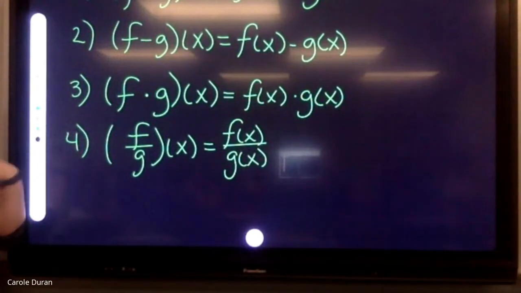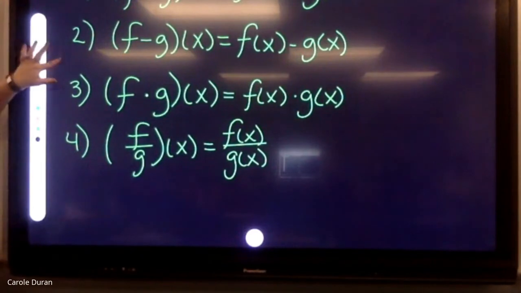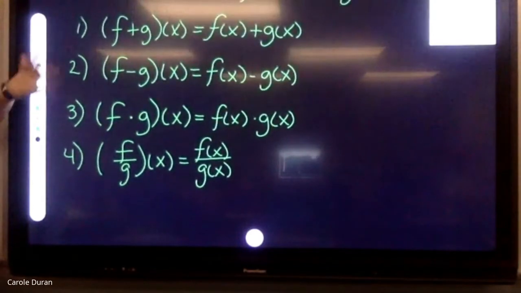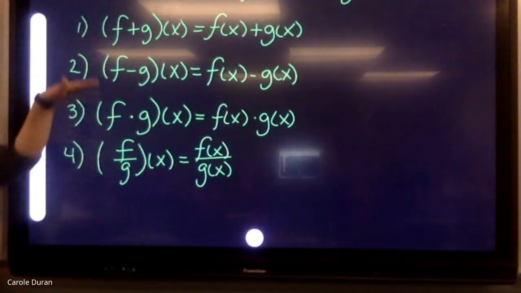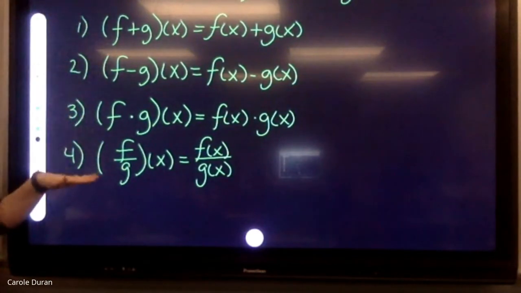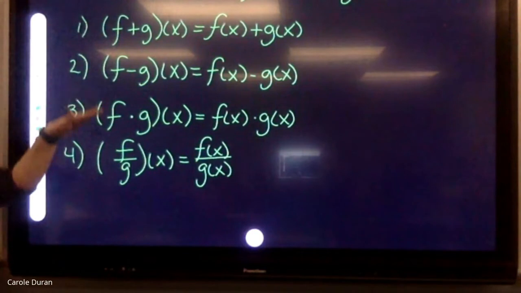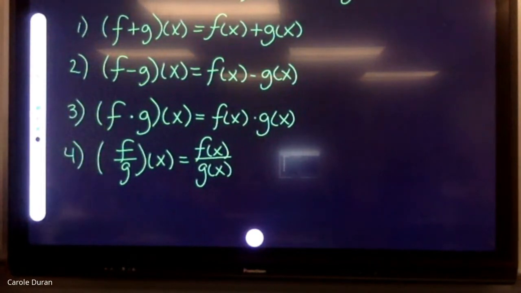Okay, so we're going to put some actual functions with it. I have a question though before we move on. Just looking at these as individual polynomial functions, would any of these have a domain restriction? What's the most common type of domain restriction that we identified? When a fraction occurs.